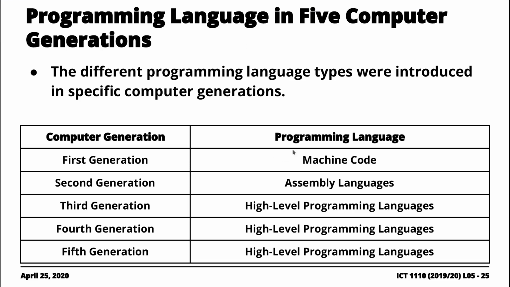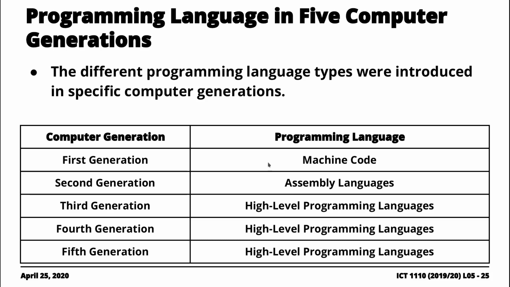So a reminder that first generation computer systems were primarily programmed using machine code. So the software that was used on first generation computer systems made use of so-called machine code, so binary code, ones and zeros, right?